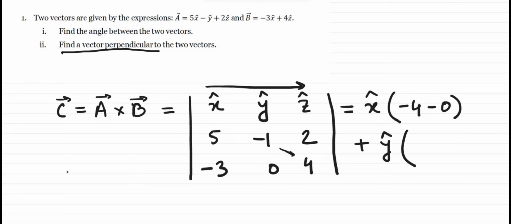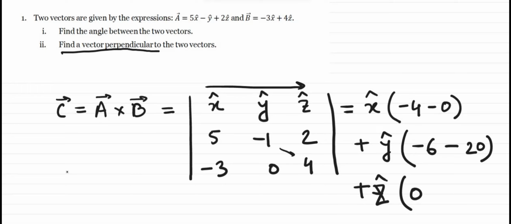In that case, we have negative 3 times 2, which is negative 6, and then minus 5 times 4, which is 20. And then we have z hat, where we first take 5 times 0, which is 0, and then negative 1 times negative 3, which is plus 3. But we have a negative sign beforehand, so it's just 0 minus 3.